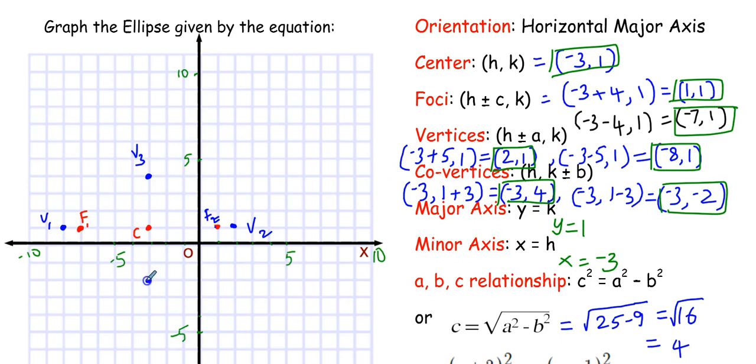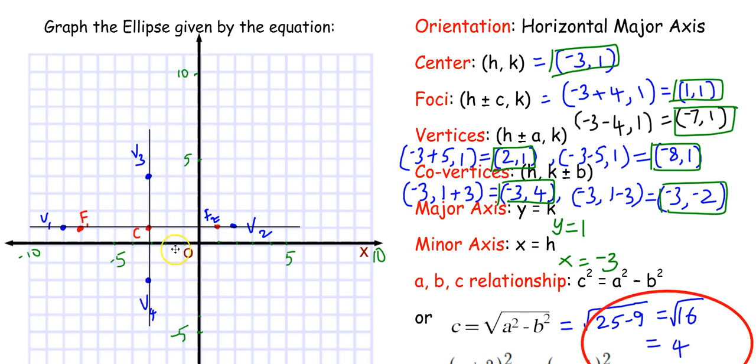So that is vertex 4. Of course, the major axis is y equal to 1, this line. Y is equal to 1, the y value is 1 here, and x is equal to negative 3 is the minor axis. See, over here you are saying minus 3.